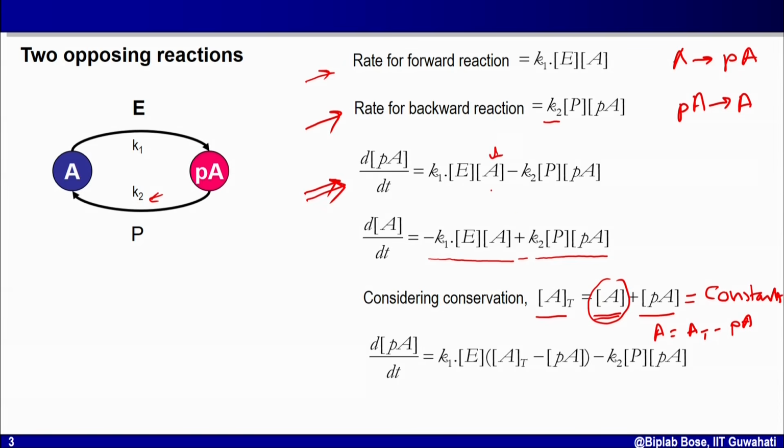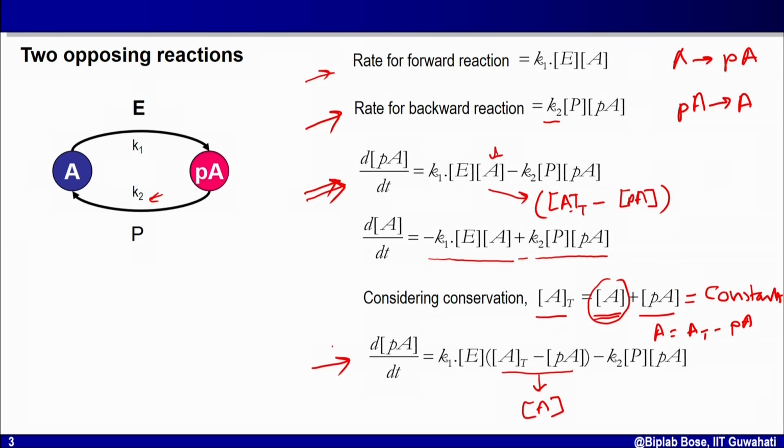I can replace this A term by concentration of total A minus concentration of phosphorylated A. So I can replace this A. Then I get this ODE, dPA/dt is equal to K1 into E, the concentration of the enzyme, into AT minus PA, that is actually nothing but free A, minus K2 into P into PA.